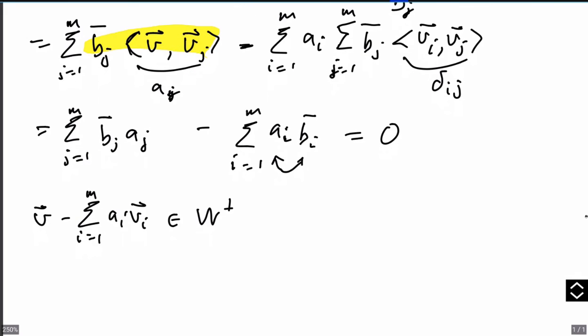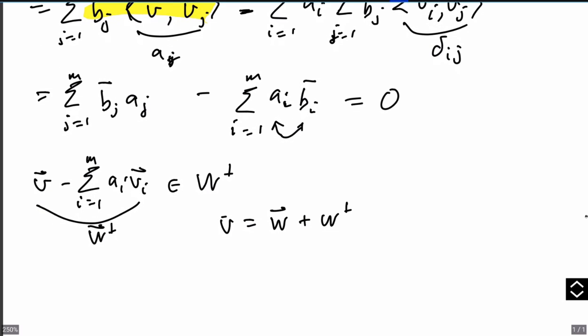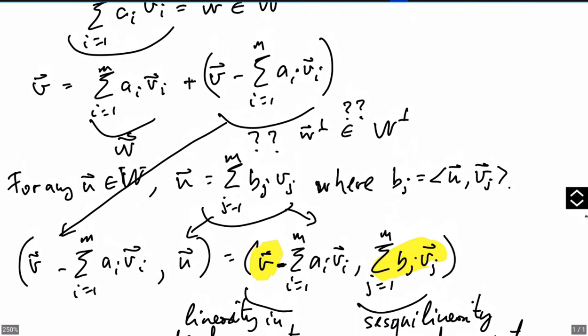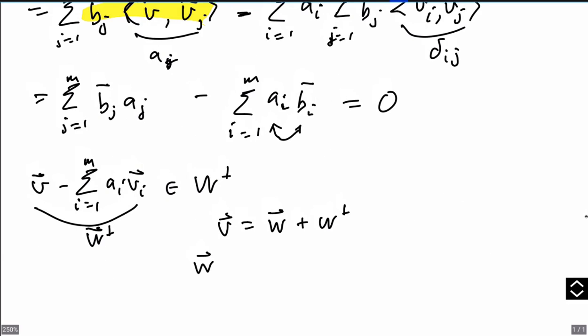And what we have is that, denoting this with the W perp vector, v can be written as w plus w perp. Now, if you look at the definition of w, that was unique, from the inner product of v with the v_j's. So this is in W and this is unique.